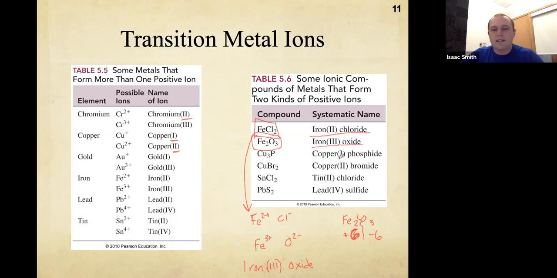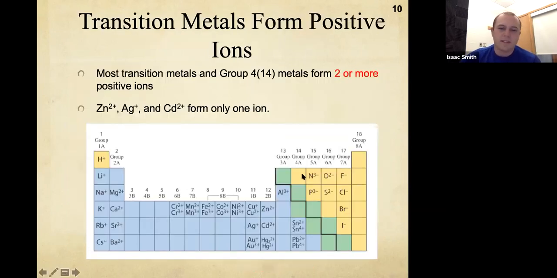Again, you should only put Roman numerals on the elements that you don't know the charges for. So what I mean by that is only put Roman numerals on anything that's not in the first column or the second column or one of these 4 elements here.